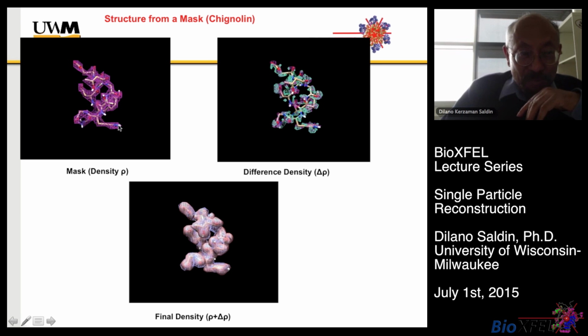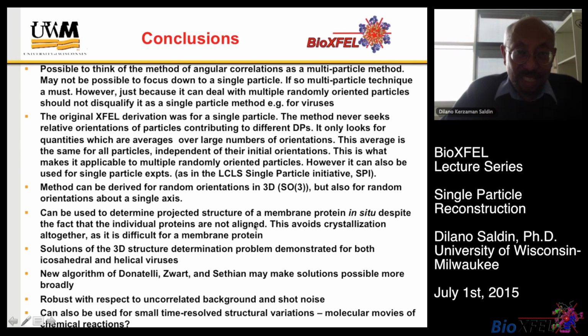Then we applied this algorithm to find the delta B's and hence the delta rhos. And this is the difference density, the delta rho. When you add this to the rho, we get a nice looking final density. So this possibly has other uses.